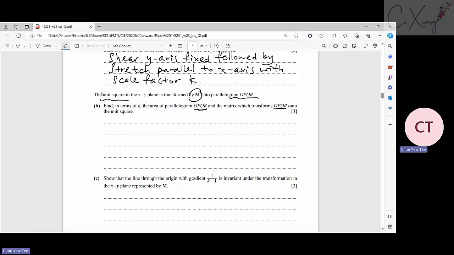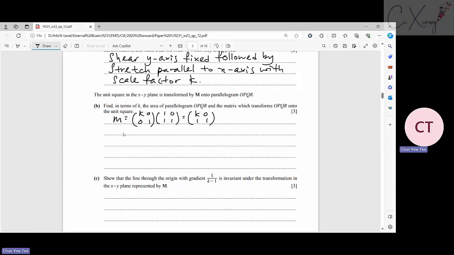Okay. So what you need to do over here is, first of all, you multiply M, which is (k 0, 0 1) and (1 1, 1 0). You multiply them, you will get (k 1, 0 1).